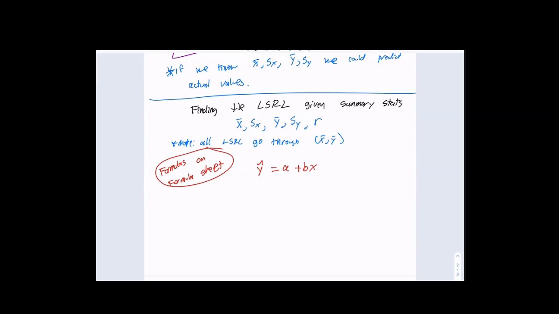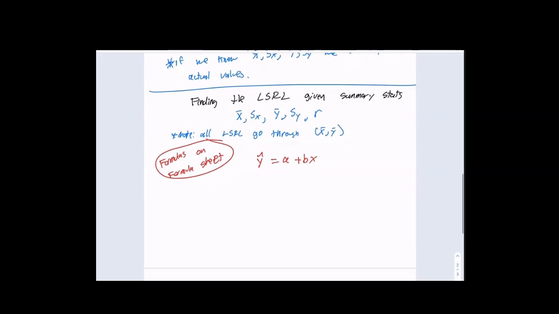What does a represent? Intercept. The y-intercept, and b represents the slope. Yeah, come on, guys. You gotta get it in.